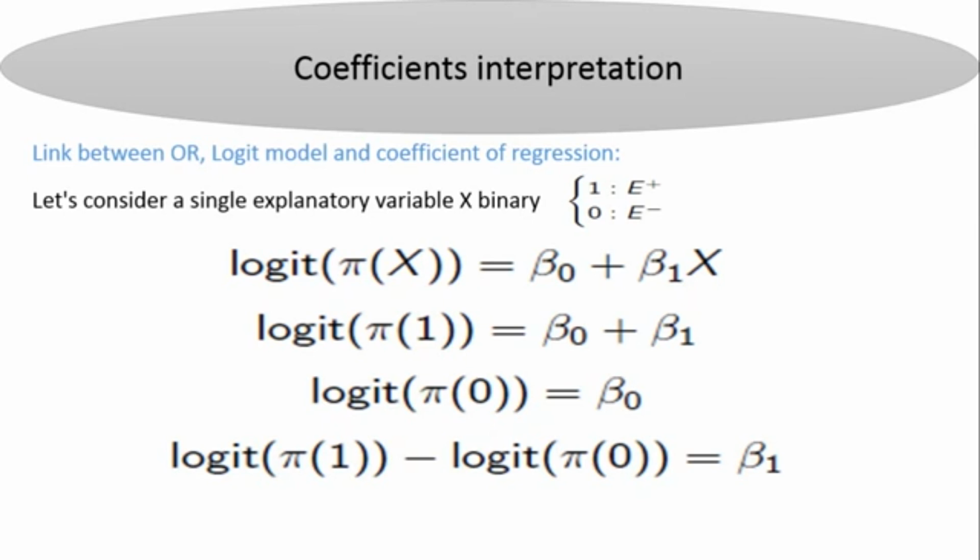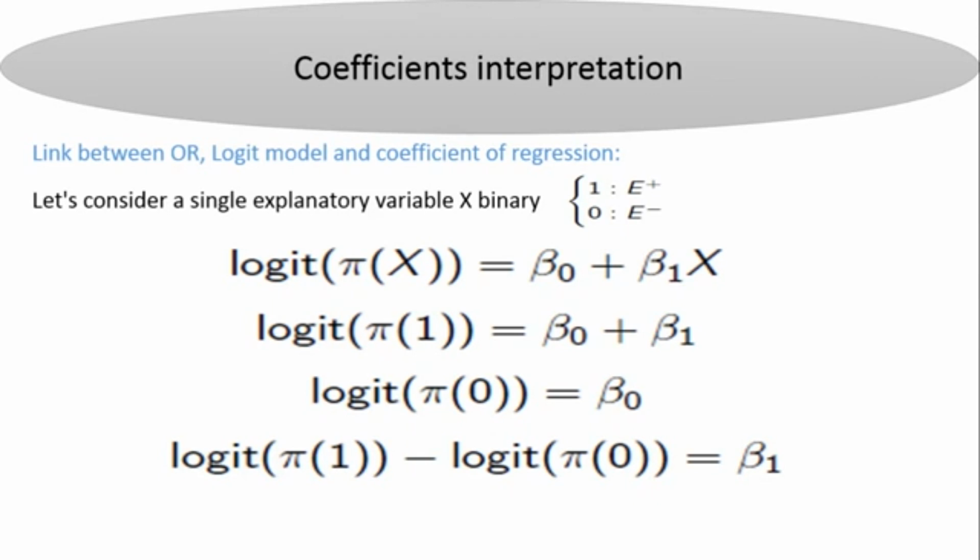To interpret a coefficient, we can also see that in a single explanatory variable case, the logit of our probability can be written as a linear combination of the x variables.